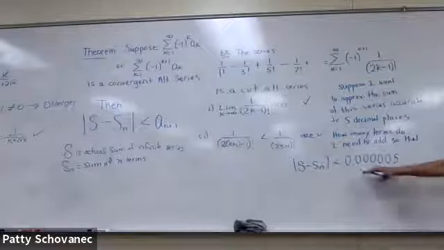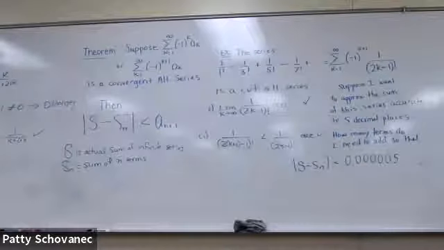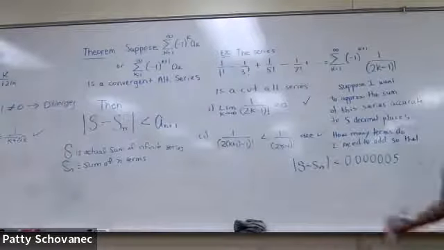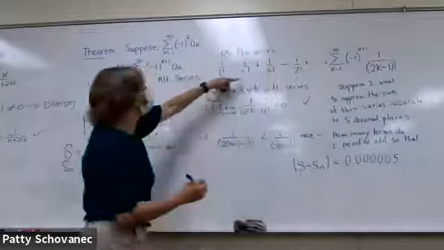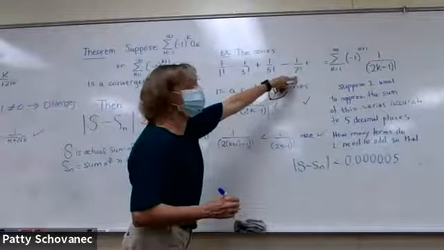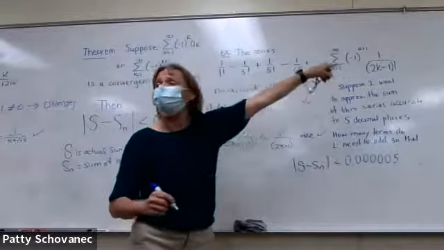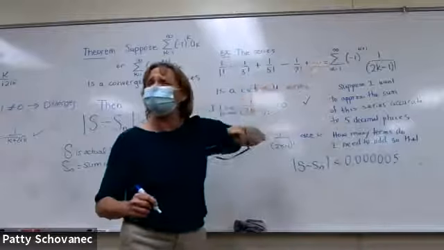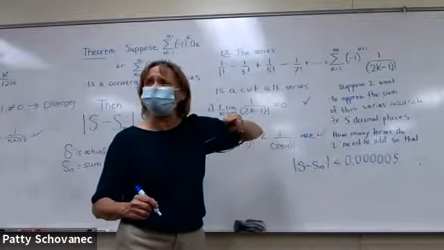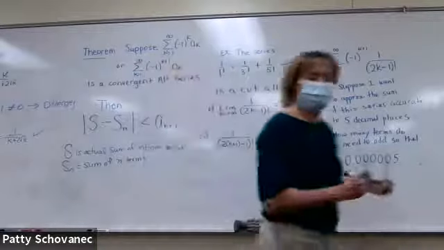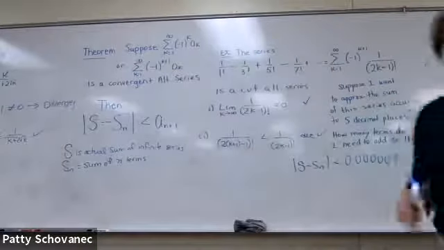So I'm looking for what term number has that going on with it. This is A1, this is A2, this is A3, that's A4. And A5 would be 1 over 9 factorial. A6 would be 1 over 11 factorial, and so on. So I get out my calculator and I start punching numbers.